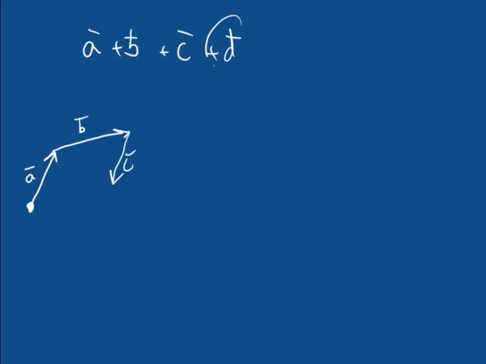Once we've got to the end of C, we then look at D and travel along the length of D. Perhaps D comes down like so. The resultant vector that we could call E is going to be from the start of our vector chain to the end of our vector chain, and that's the same in 3D as it was in 2D.